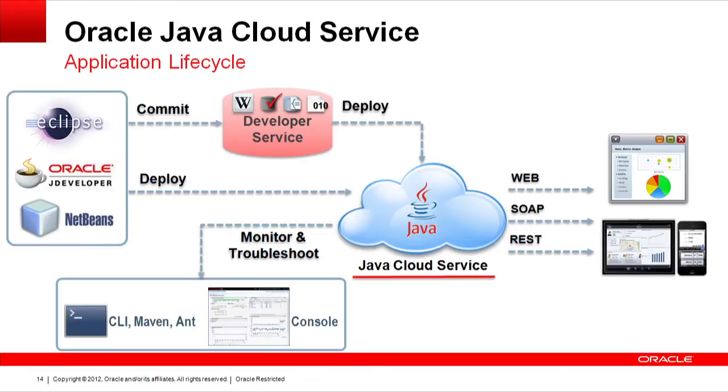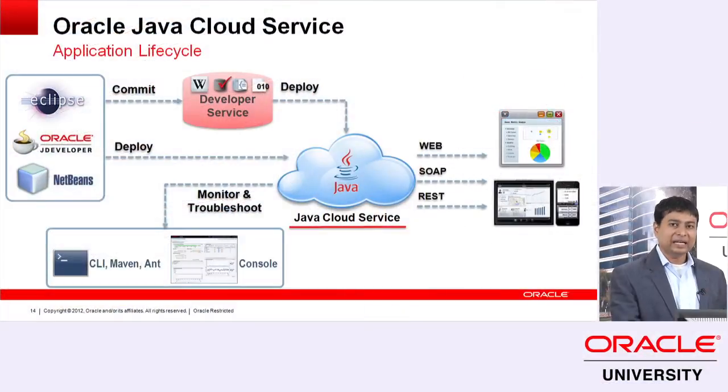You start with any IDE, you make changes, you check out your code from some source repository. It could be your own or it could be developer service, and I'll be talking about that in a bit. You can check out the code in your IDE environment, make changes, and then you can deploy it right out of that IDE environment to Java Cloud Service, and we'll see that in action.